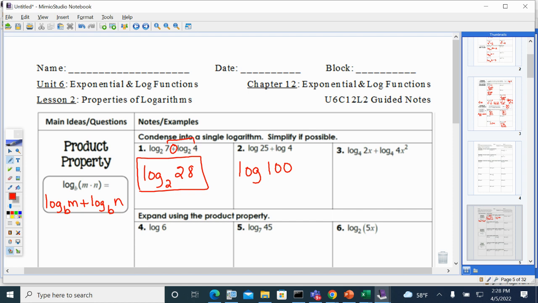Now, number 1, it was not possible to simplify. 2 to no power is 28. But on this one, 10, because the understood base is 10. This is a common log. 10 to the second power would be 100. So if we were going to evaluate this, it would be 2. But we're not evaluating. We're just condensing and simplifying.